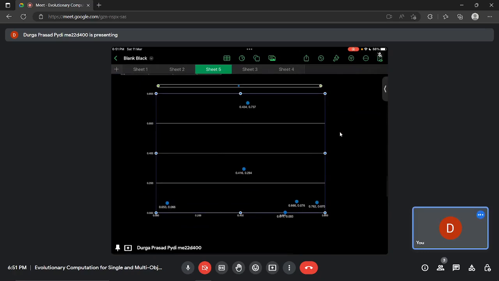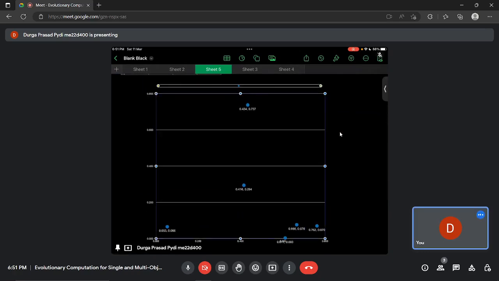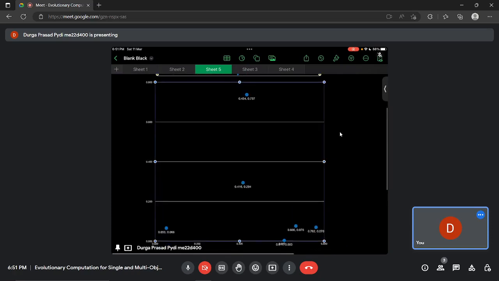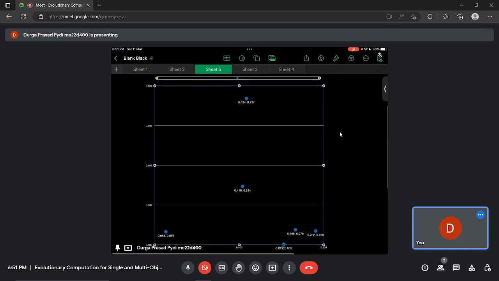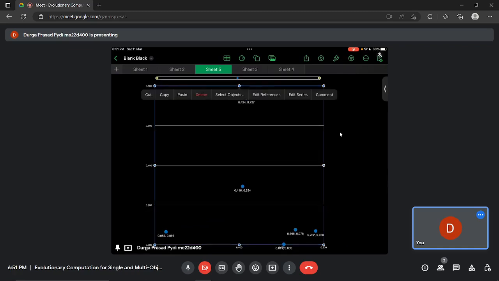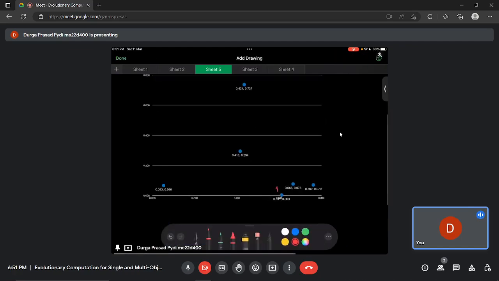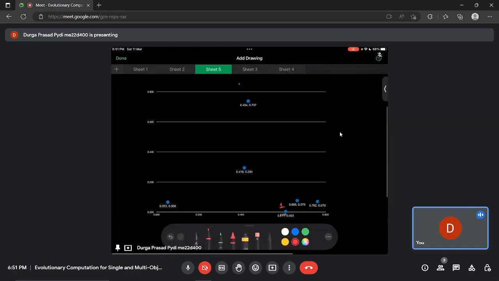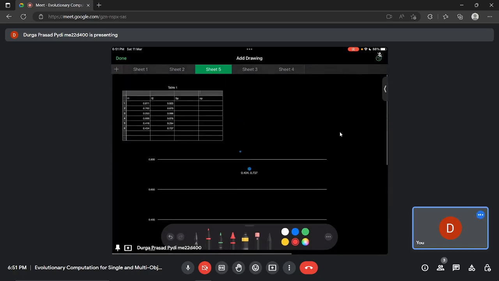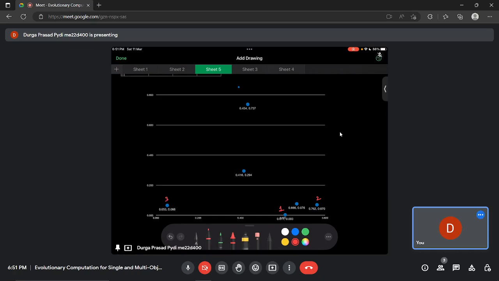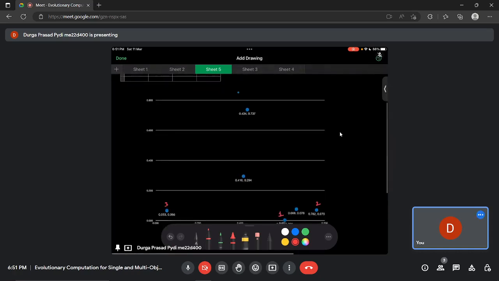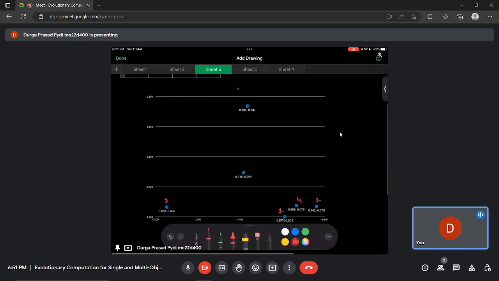Point 611 is essentially the first point, so it doesn't matter. 0.611 is your first point. 0.762 is your second point. 0.053 is your third point. 0.666 is your fourth point. 0.416 is your fifth point, and this is your sixth point.